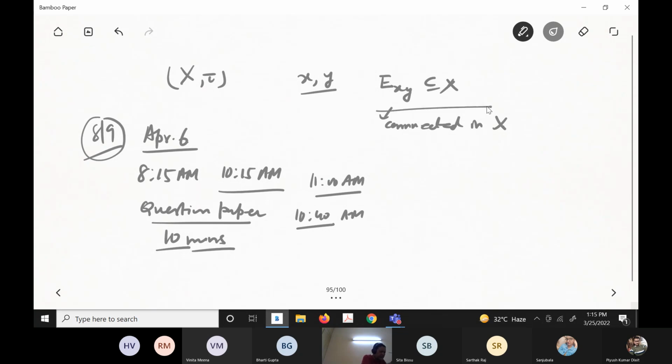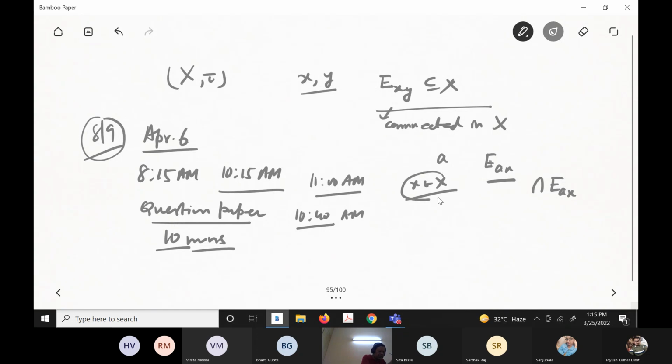Now suppose you have this, then X is connected. The idea is very simple. You pick up a point A and keep it fixed. So you get this for any x. Now pick any x belonging to X. This is connected by hypothesis, and its intersection is non-empty because A is in it.